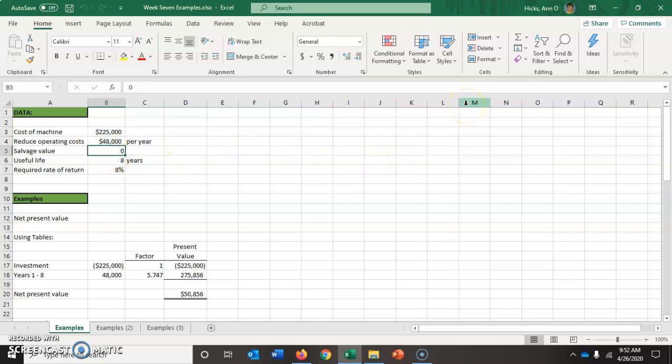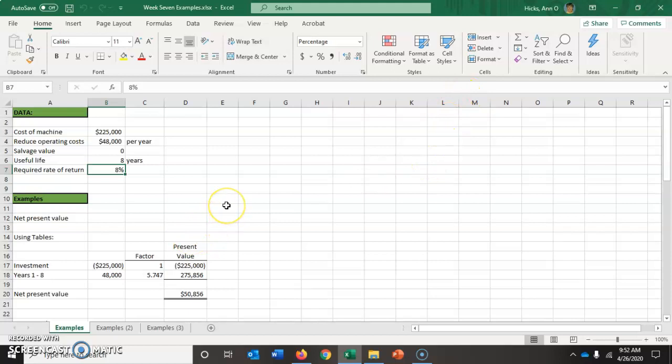We're going to keep it simple initially and just say we don't anticipate any salvage value with the machine when we're through with it. We anticipate a useful life of 8 years, and we have a required rate of return in the company of 8%.